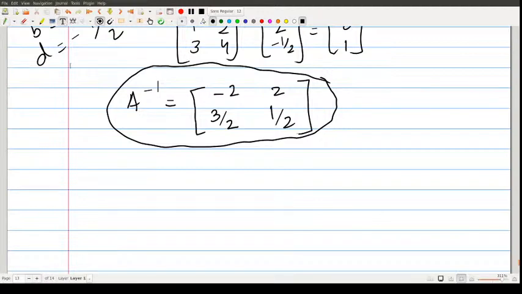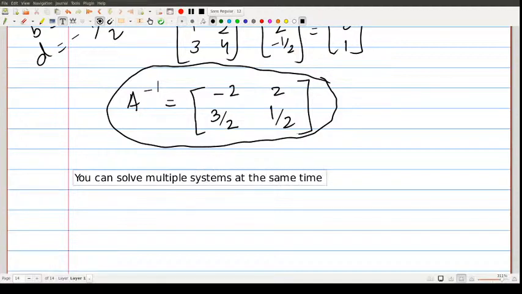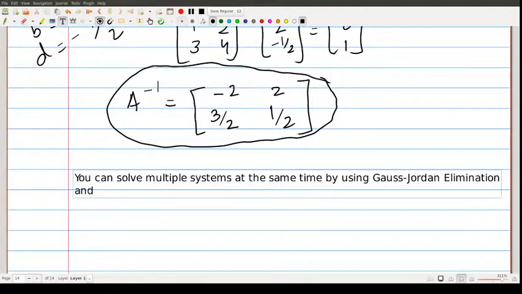The first thing that we have is that you can solve multiple systems at the same time by using Gauss-Jordan elimination and augmenting all the right hand sides to the matrix A. So that's one thing that we did, right?